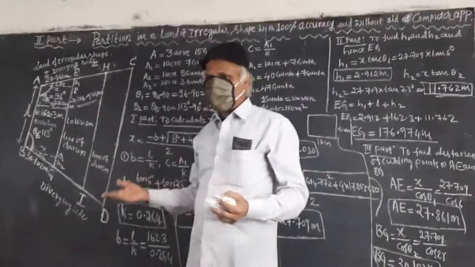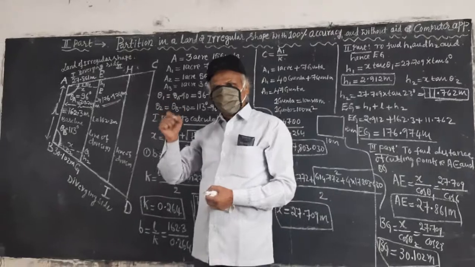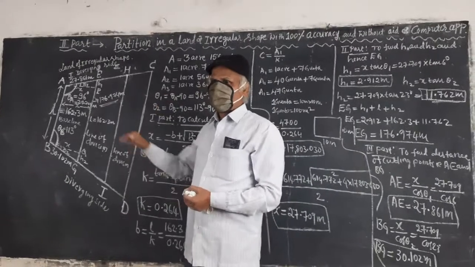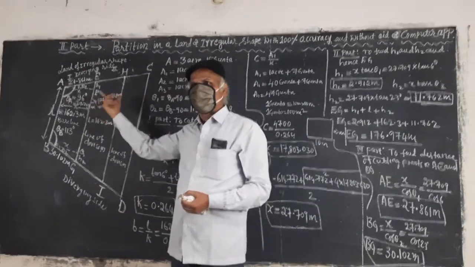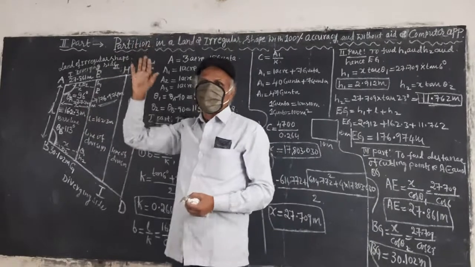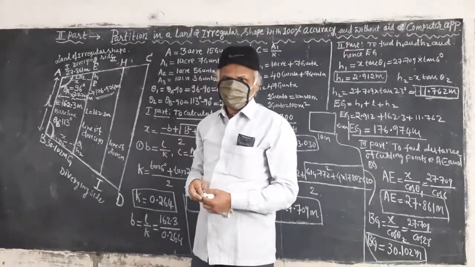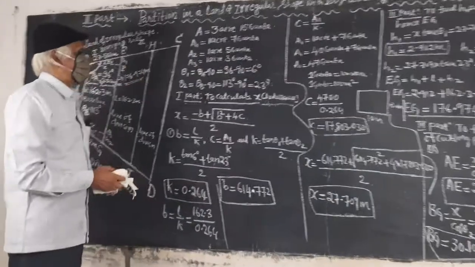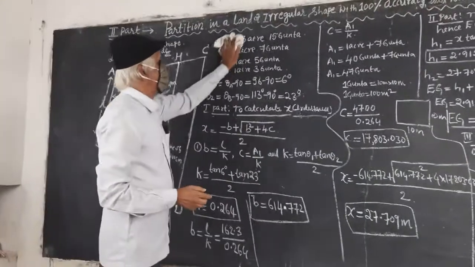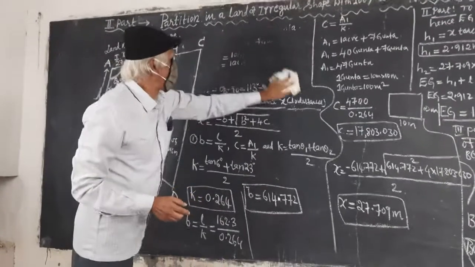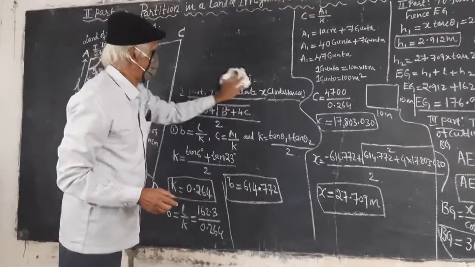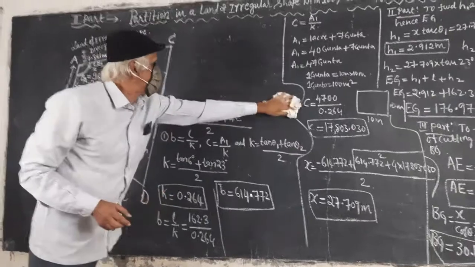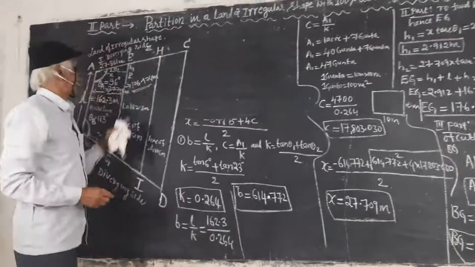Here no need to use a computer app to find the location of line of division or the cutting points. So the next is the partition of the second part, that is 1 acre 5 gunta.